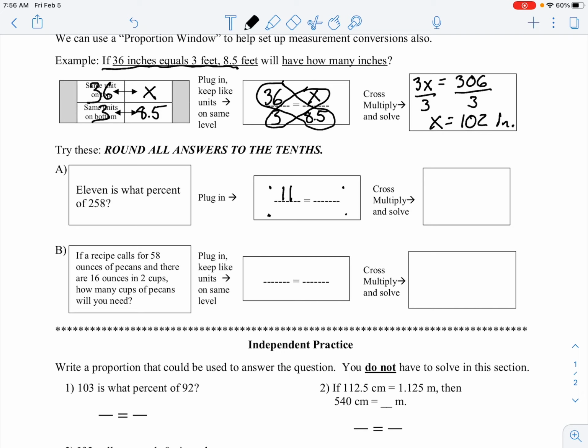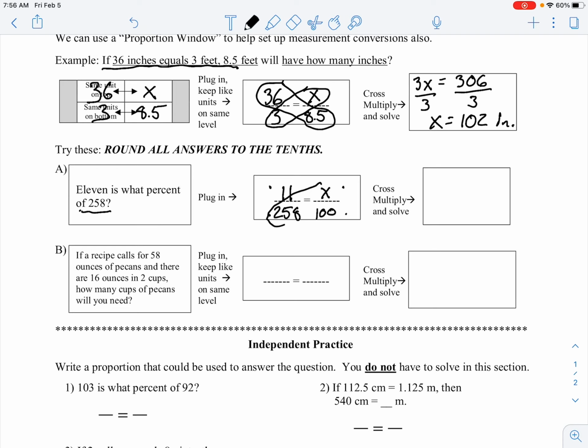Our of number being 258. What percent? So we don't know the percent right now. That's what we're looking for, right? So up in our percent part of our window, we'll put our x. And then, as always, when we're dealing with percents, 100 down at the bottom.